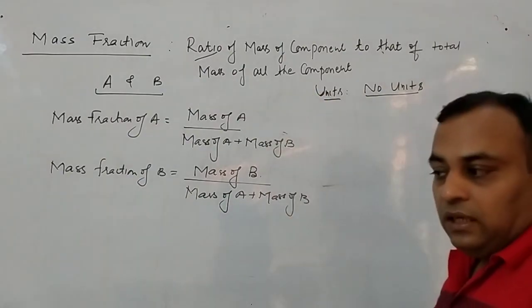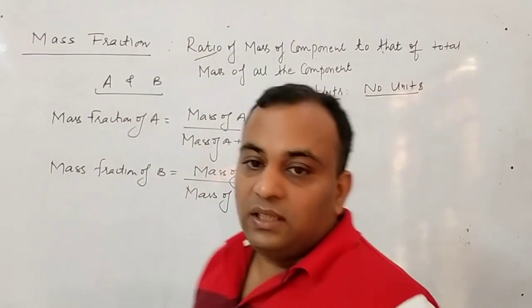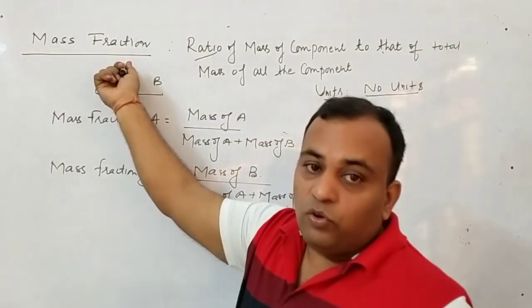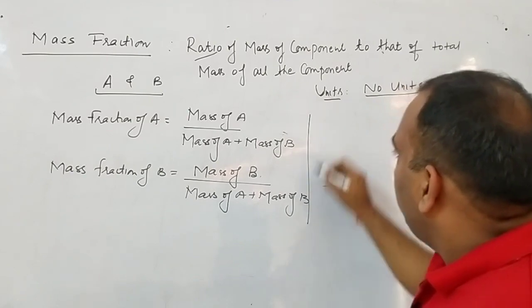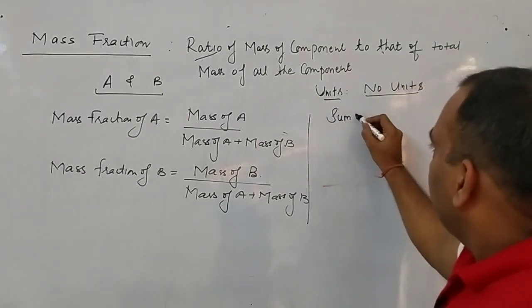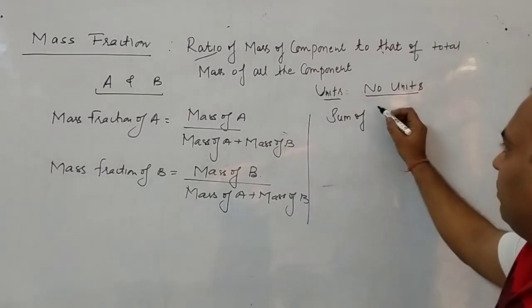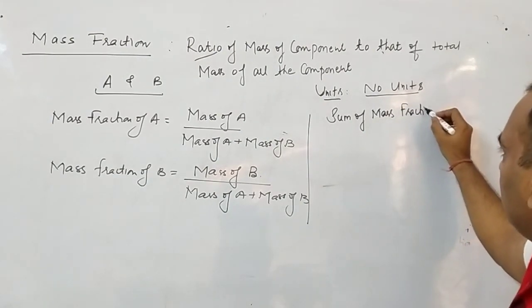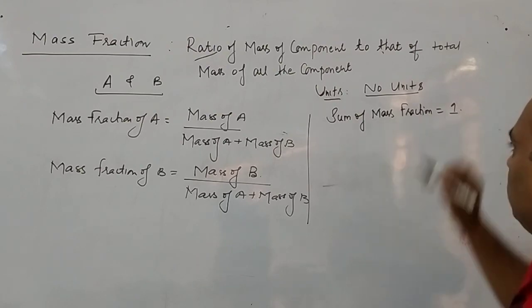And one more thing. Listen student, we know that the sum of percentages is 100. Clear? Similarly, the sum of fractions, whatever the fraction, be it mass fraction or whatever it is, the sum of mass fractions is 1. What does it mean?